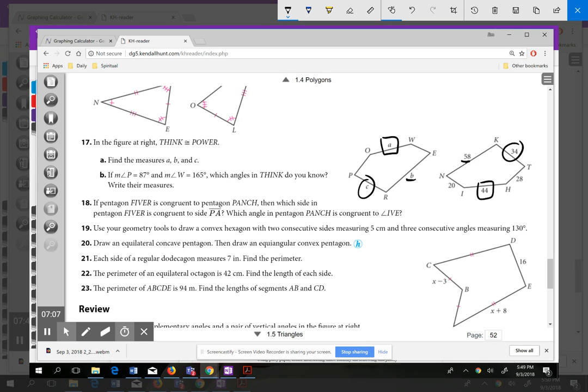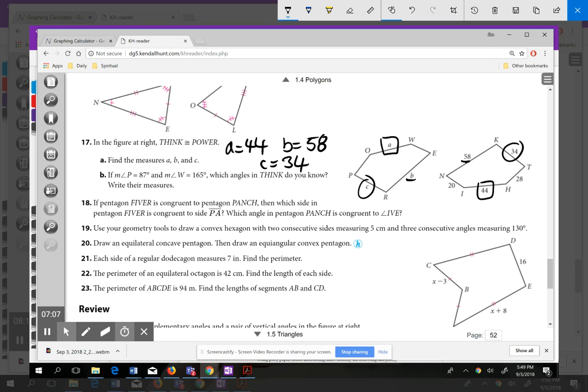And so you can see then that A would be 44, and B is going to be 58, and C will equal 34. Okay. The measure of angle P is 87 degrees. The measure of angle W is 165 degrees.